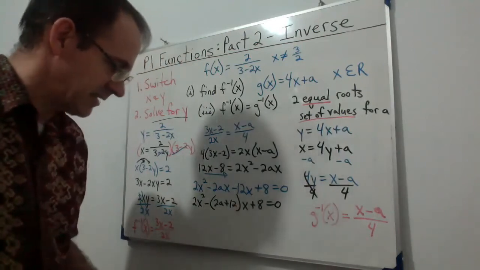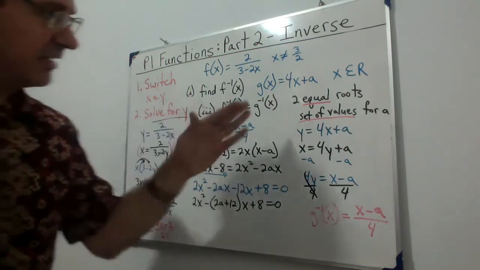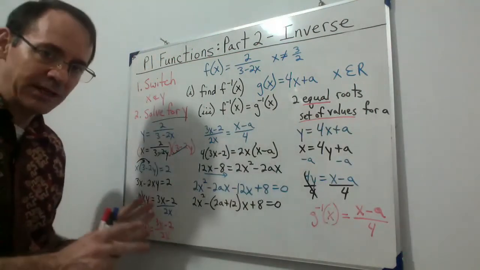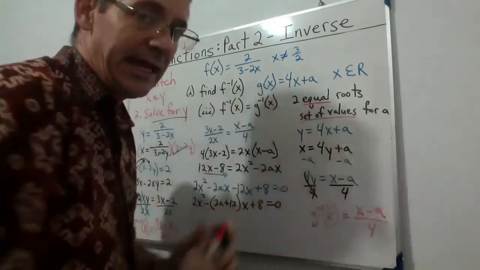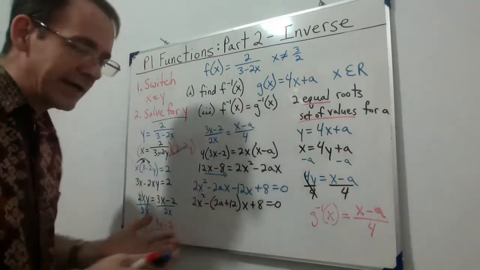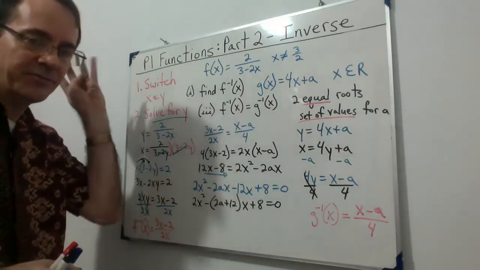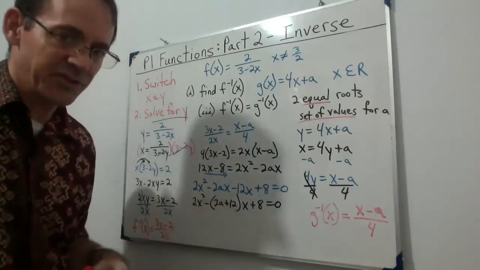Now, hopefully at this point, you see that you're looking for the values of a, meaning we're not solving for x. We don't need the x variable. We need the a. Hopefully you recognize this as the discriminant, which was our last video in the quadratics unit. This is a case of the discriminant.